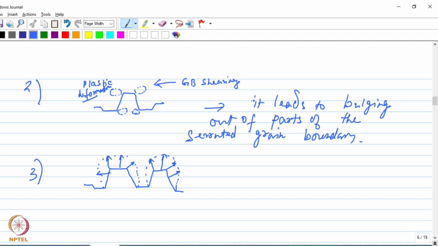The bulging will occur due to this, as I said, which is depicted by this diagram.